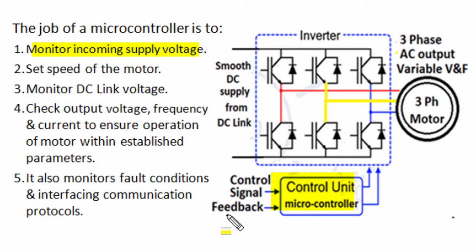It also takes feedback signals to monitor the DC link voltage state. It can also monitor fault conditions anywhere in the variable frequency drive or motor operation and accordingly protect the motor and allied circuitry. And it also has the facility to interface communication protocols and can send vital process parameters to a remote position using communication systems.